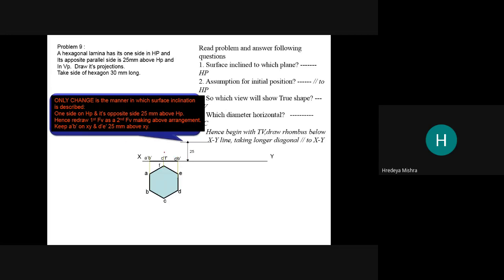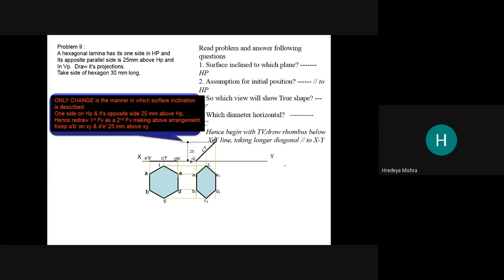Keep A dash B dash on the XY line and D E here. Take this distance on the compass and mark from here like this, so we get here A dash B dash and finally D dash E dash. Now you mark the projections. See here, we get the second top view.